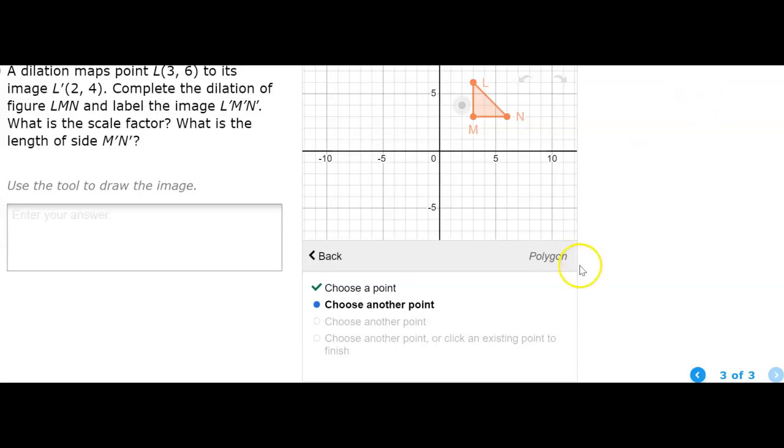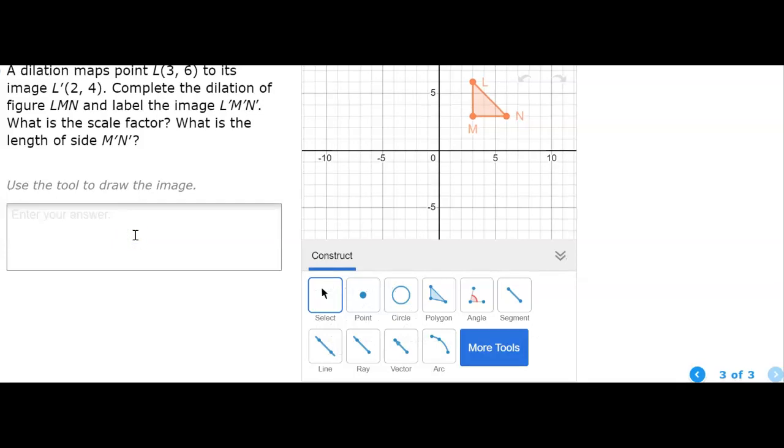It would be 2, 3. That'll be my scale factor. So my numerator is going to be the start of the new triangle, and 3 is from the original. So my scale is 2/3.